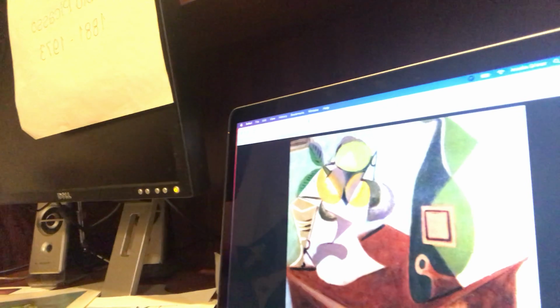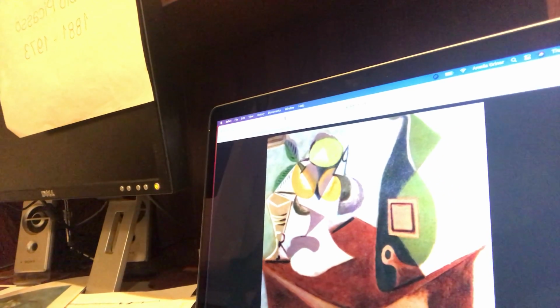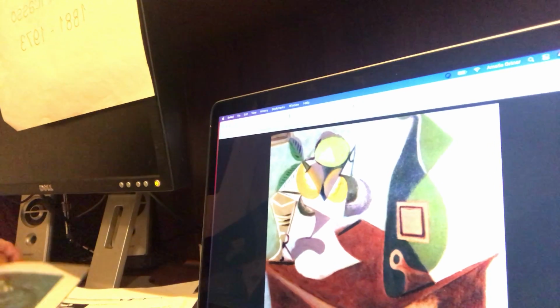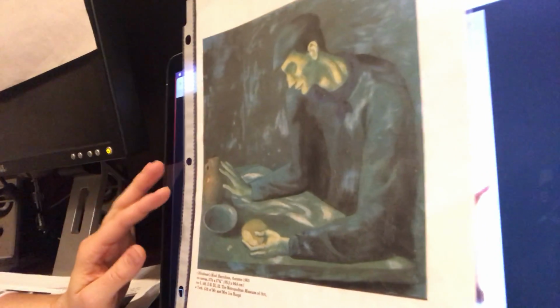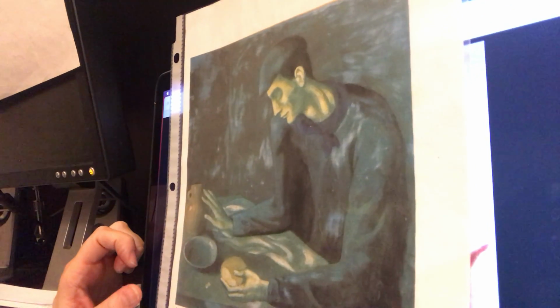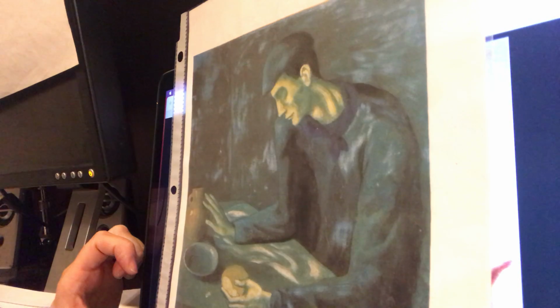And then we have, he had a blue period where for about 3 years he painted in mostly shades of blue, or there was a lot of blue to his paintings.